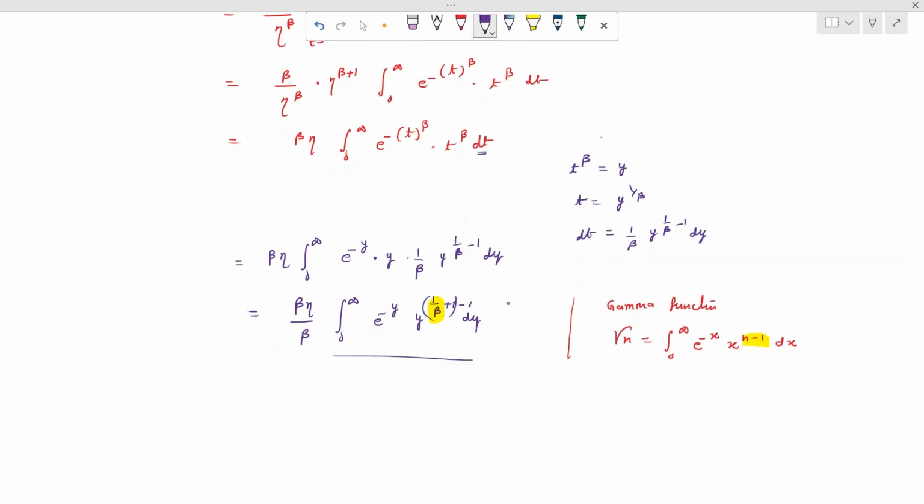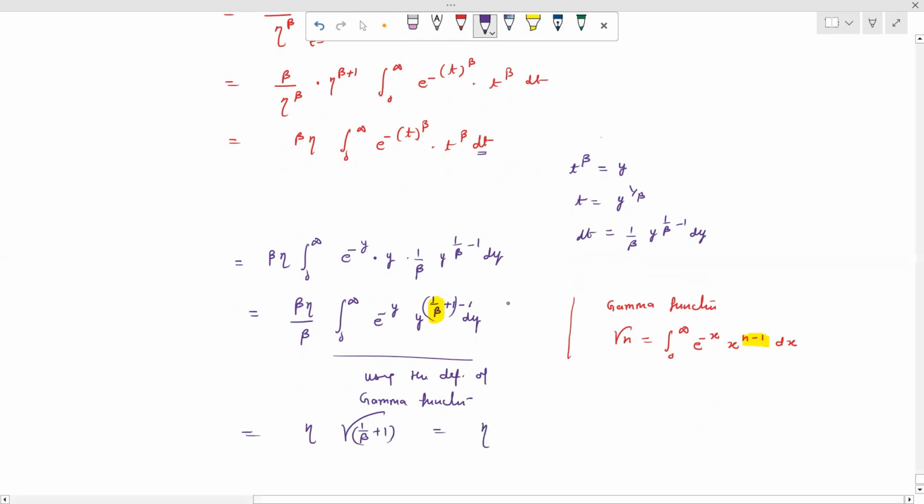Using the definition of the gamma function, this gives us eta into gamma 1 upon beta plus 1. So this can be written as eta into gamma 1 plus 1 upon beta.